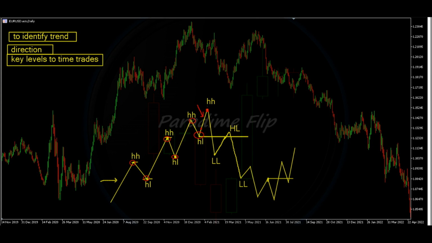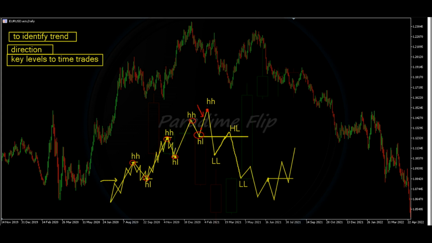And basically, within these trends, we can expect market structure of a lesser degree to form. This occurs because the market is fractal in nature, and whatever we see happening on a large scale, we should be able to see happening on a lower scale.